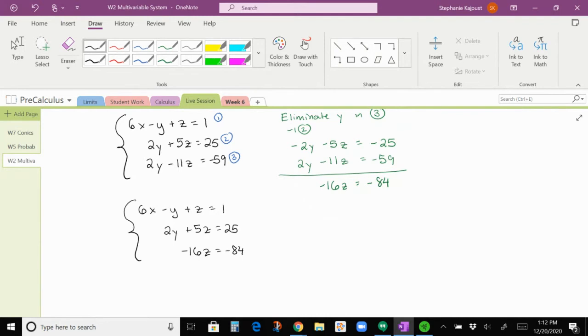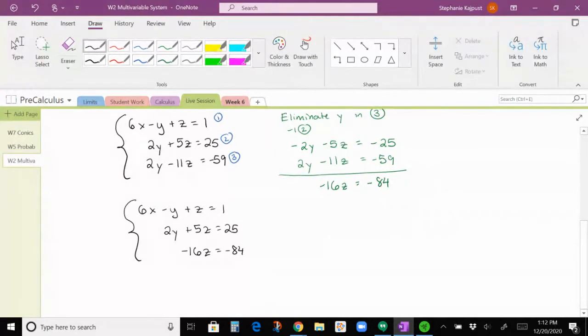Now, the last step to put it in traditional Gaussian elimination form is to make sure all of those leading coefficients are 1. So equation 1, you'd have to divide by 6. Equation 2, you'd have to divide by 2. And equation 3, you need to divide by negative 16.